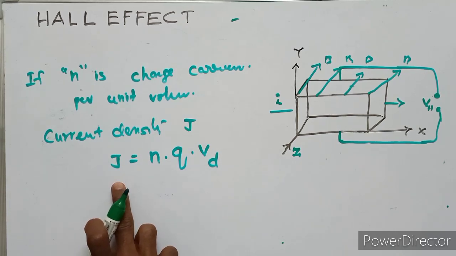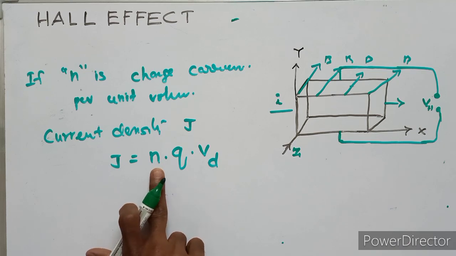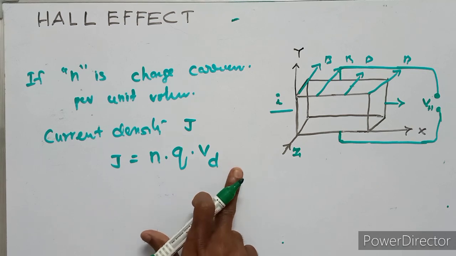This is the current density. The formula of current density is the number of charge carriers into charge into drift velocity.